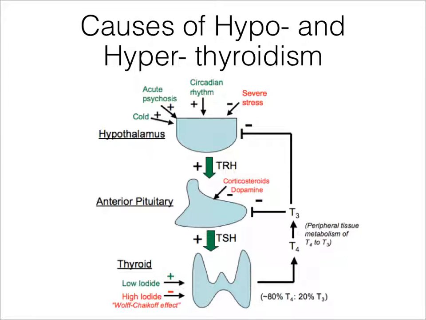With Graves' disease, you have receptors on your thyroid, and these receptors respond to thyroid stimulating hormone. So usually thyroid stimulating hormone is going to get here and then cause a signal on the inside.